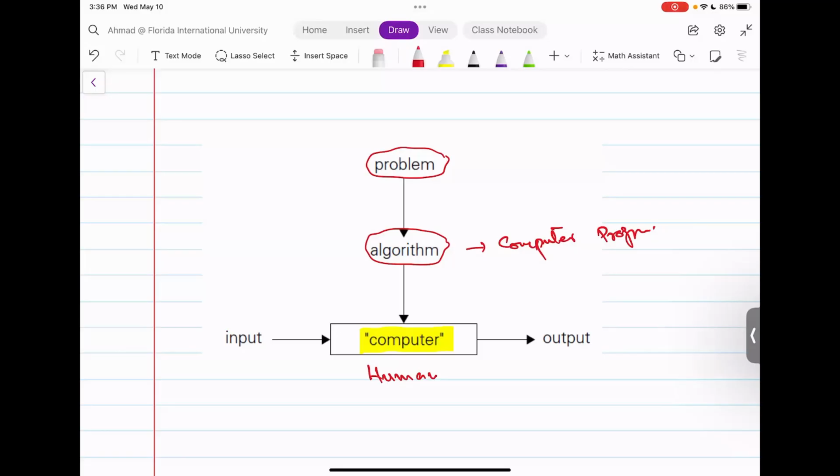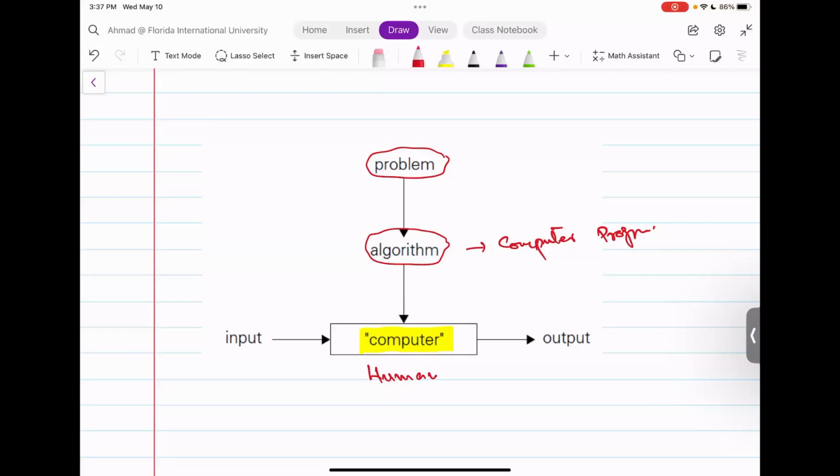Algorithm is something generic. It is not dependent on any computer or any machine. It's a simple step of instructions, whereas a computer program is written in a particular programming language like Java, like C, like Python. The algorithm is not language dependent. It is simple instructions, right?